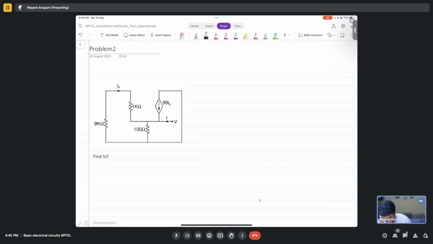Tell me now, in this question we have been told to find the relationship V by I. So this is voltage V between this and this, and the current is flowing out of this node. So assume that there is a voltage source connected here, which is of voltage V, and then you want to find out what is the current I here.